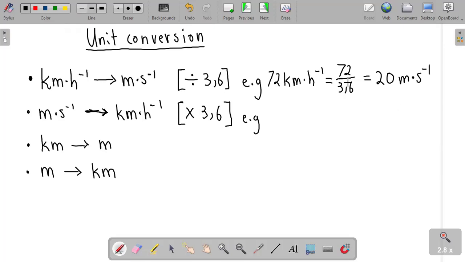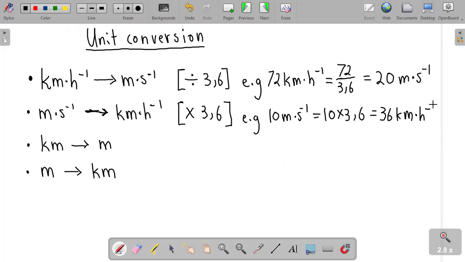And then say, for example, you have 10 meters per second, and you want to change that into kilometers per hour. You just take the 10 and multiply it by 3.6, and that's going to give you 36 kilometers per hour.